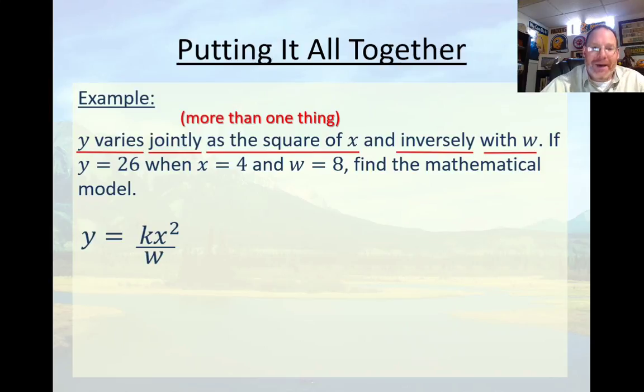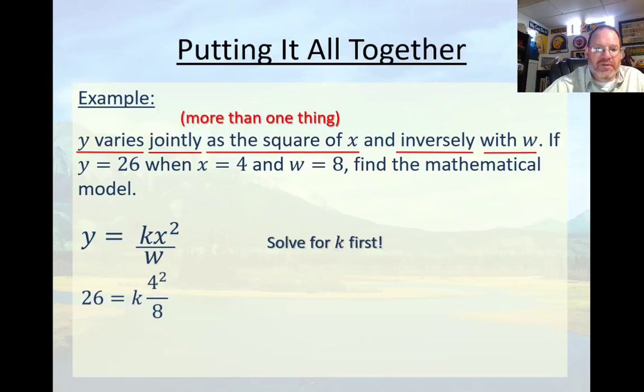That is the model for this particular variation. Y equals kx squared over w. And we do know what y, x, and w are, so we're going to solve for k first. As soon as we know k, we know what the model is. It's the only thing that we don't have on there.